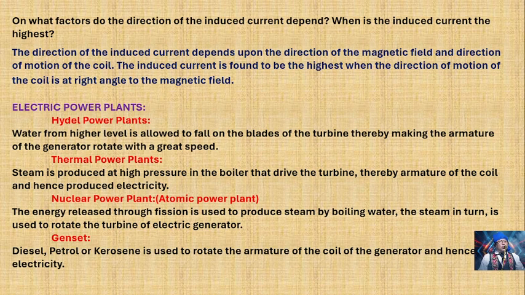Hydel power plant, water from higher level; thermal power plant, steam is produced at high pressure in the boiler; nuclear power plant, energy released through fission is used to produce steam by boiling water.